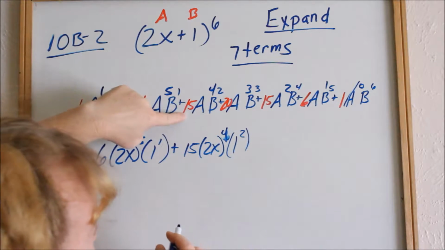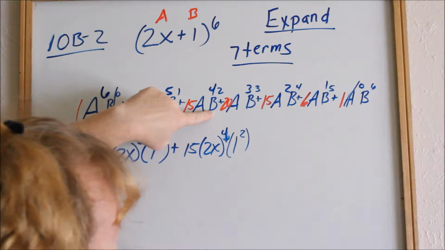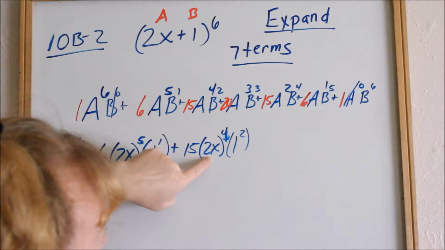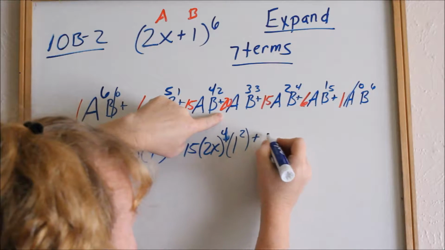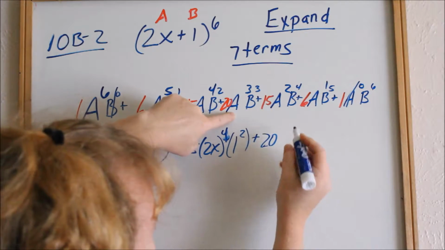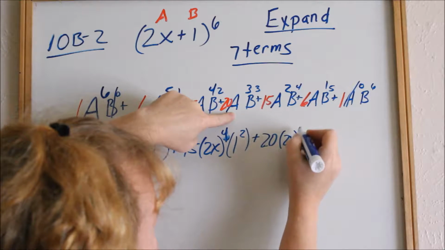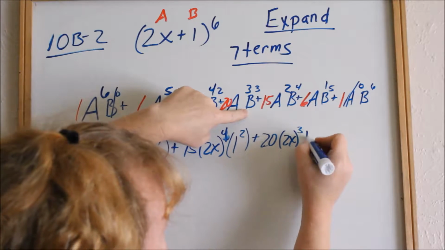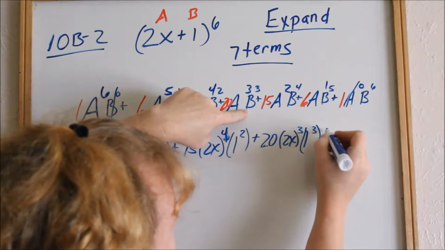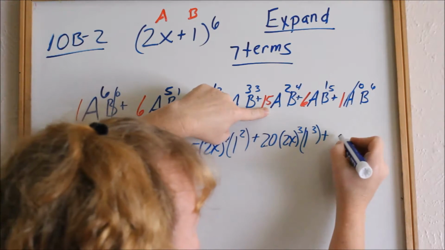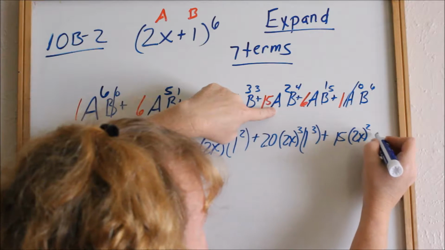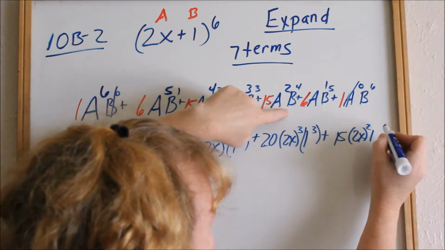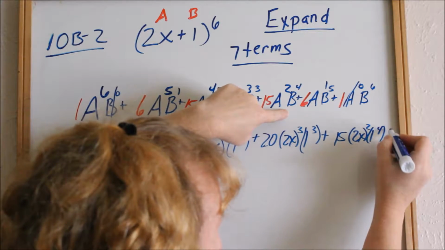Because this is 15 times A to the 4th times B squared. Plus 20 times A cubed times B cubed. Plus 15 times A squared times 1 to the 4th.